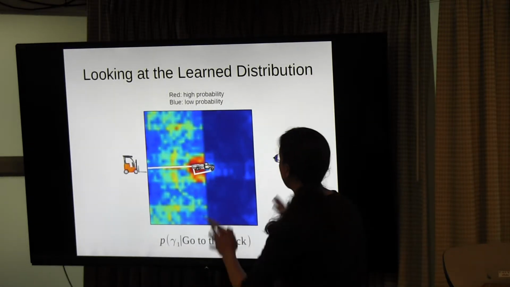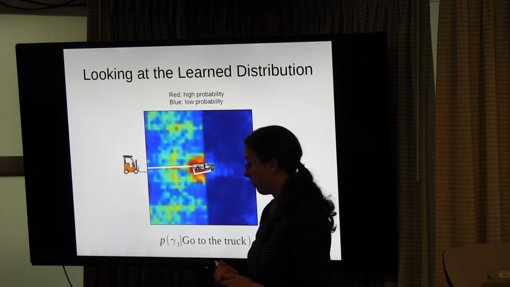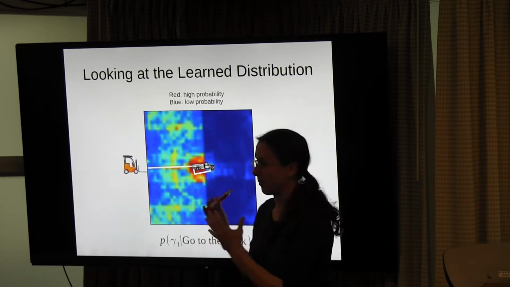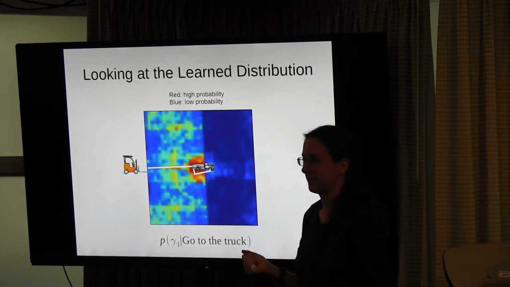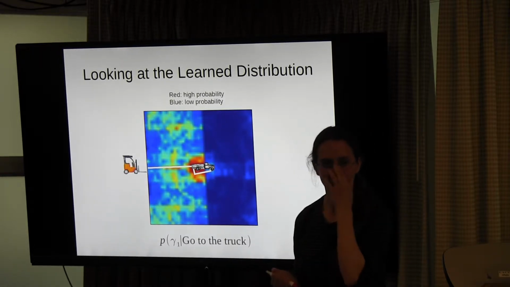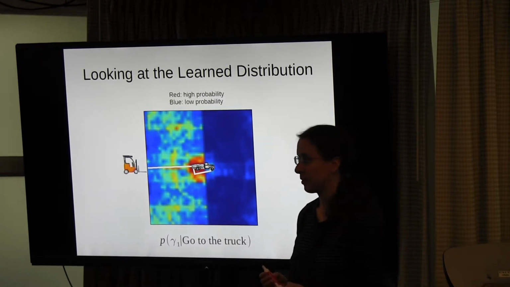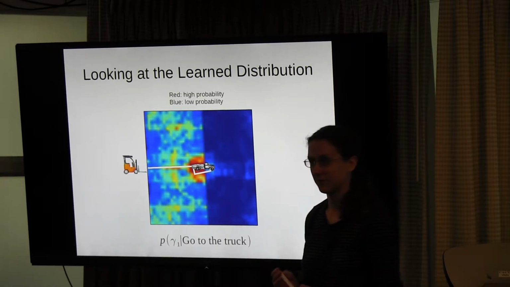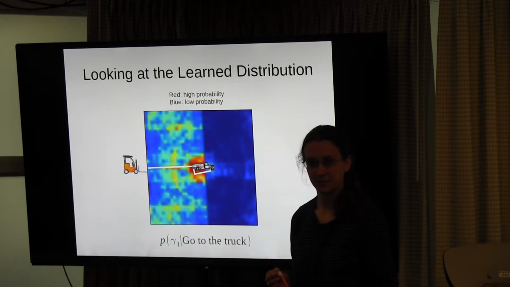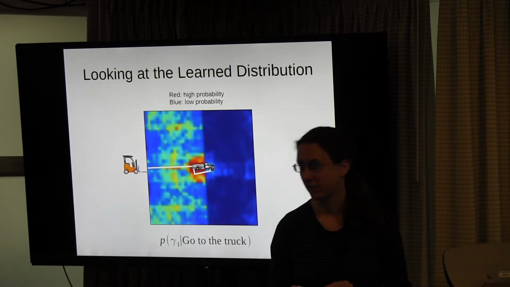Okay, so this is sort of go to the truck. What else is wrong with this sort of setup? Like a higher level kind of thing that might be bothering you. It doesn't find the truck.